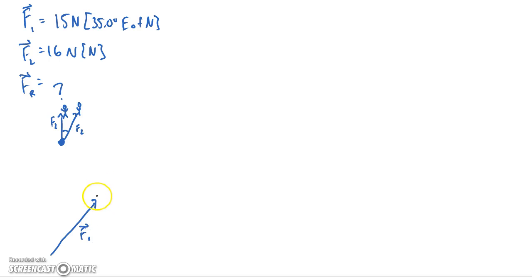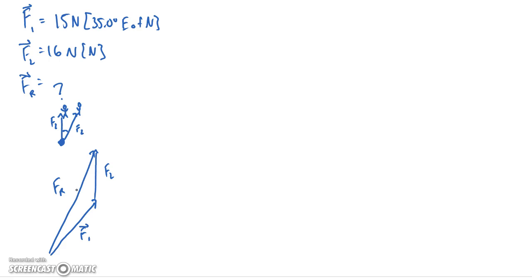Then our next one is due north, so straight up, F2, and then our resultant is over here, FR, at some other angle. So a very complicated diagram compared to what we've seen so far. But we can do it. I know we can do it.